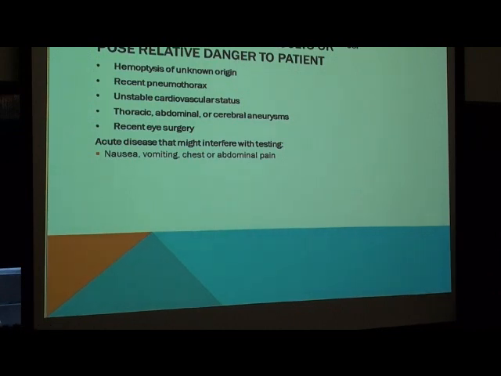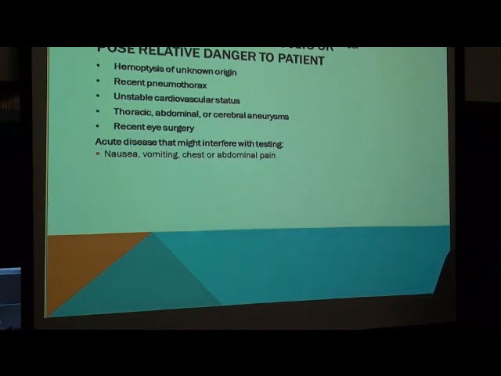So these are all showing up in a document that I passed out to you by email just a couple of weeks ago. And the evidence for a lot of this is not great, but we want to raise your awareness of this so that you can make an assessment to see whether or not this might not be the best time to test a patient.